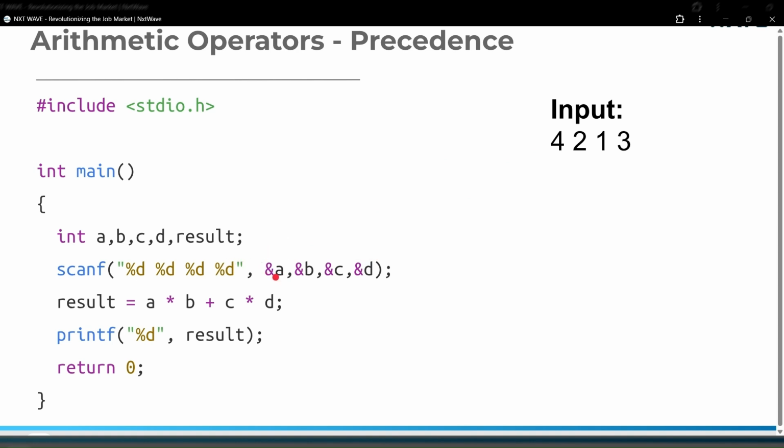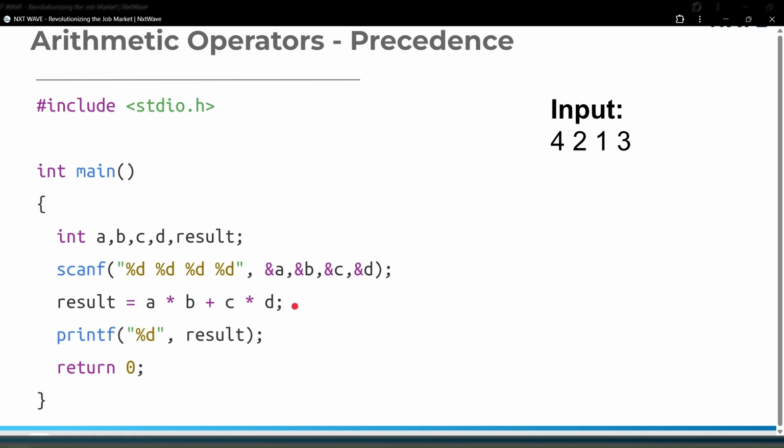We use ampersand to scan the user input: &a is 4, &b is 2, &c is 1, &d is 3, and all of these are declared as integer data types. The result should be a into b plus c into d.